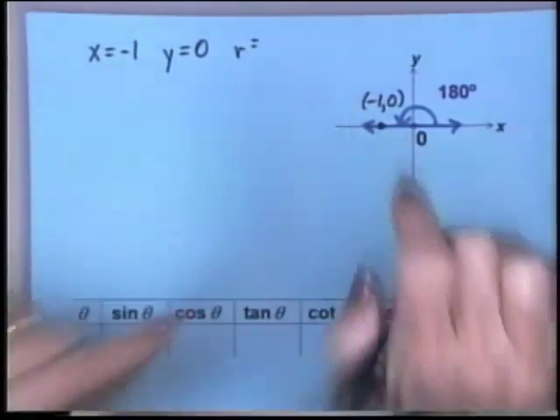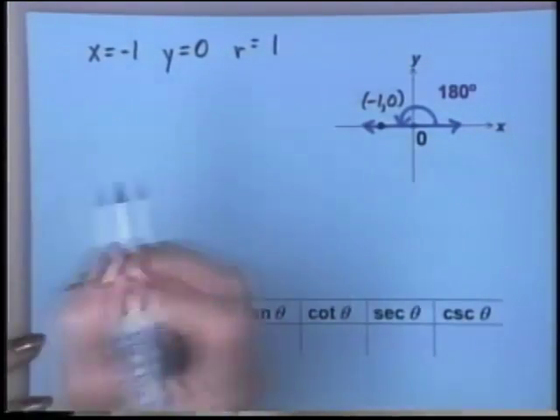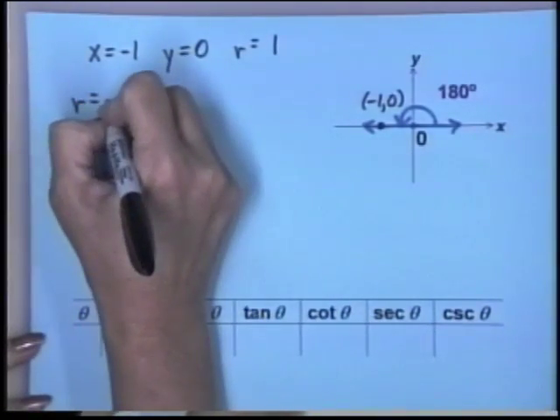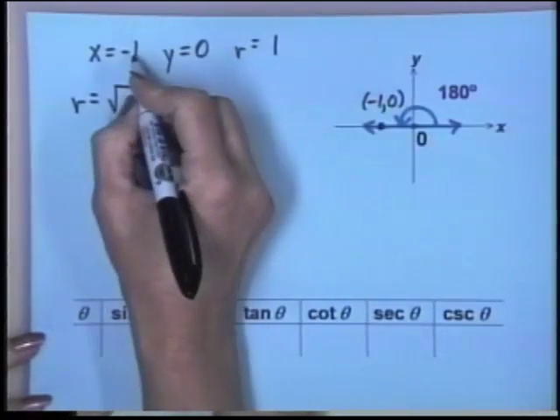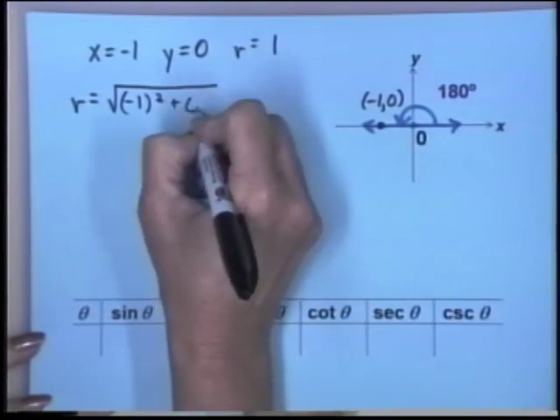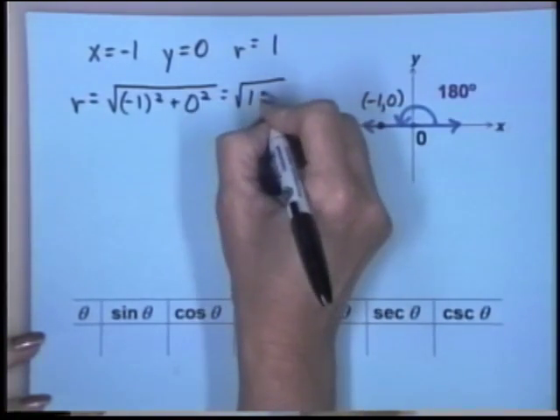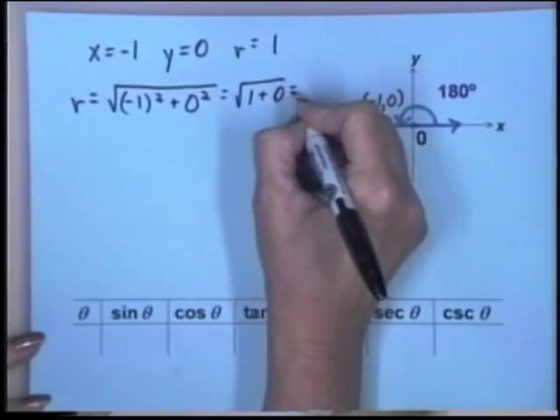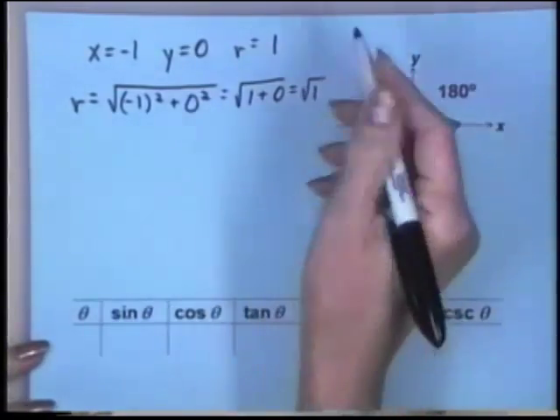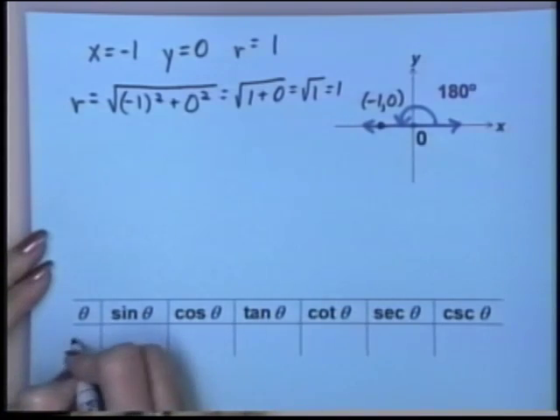Distance is always positive, so r equals 1. If you want to calculate it, and some of you I know need to see this, it would be the square root of -1 squared plus 0 squared, which -1 squared is 1, 0 squared is 0. When we add the 1 and the 0, we get the 1, and the square root of 1 is 1. So you can do it the short way or the long way.